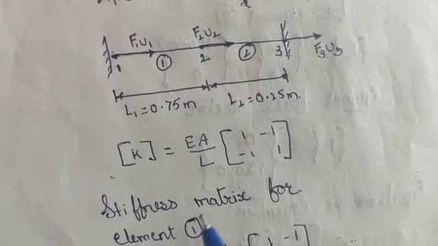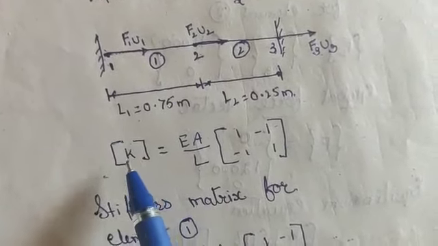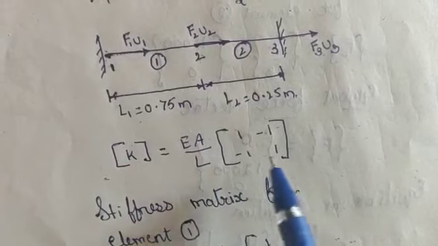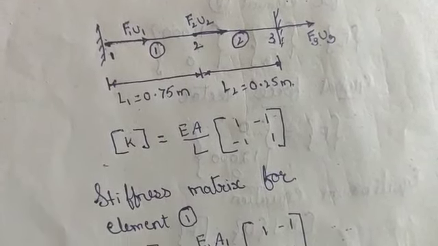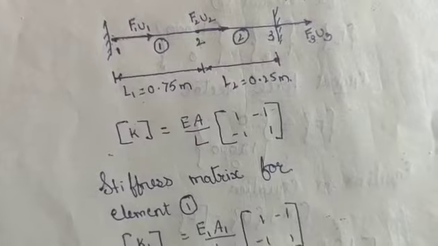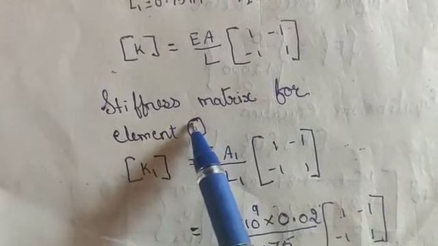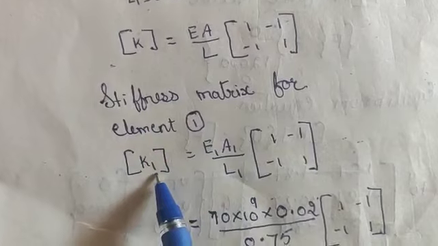The standard formula for the stiffness matrix is K equals EA by L times the matrix [1, -1; -1, 1]. Since there are two elements, two stiffness matrices will be present. Therefore, the stiffness matrix for element 1 will be K1 equals E1 A1 by L1 times [1, -1; -1, 1].